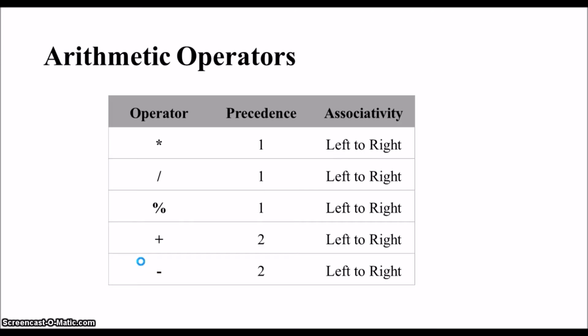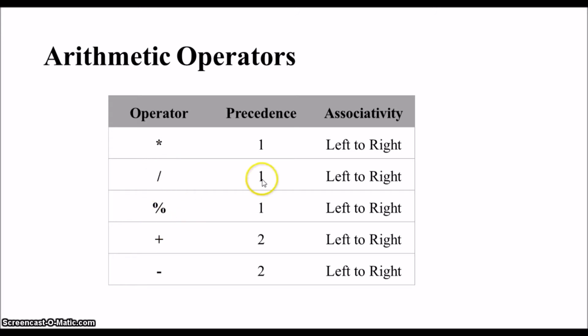Again, in these arithmetic operators, we have something called precedence and associativity. This precedence and associativity is there for all the operators. So what exactly is precedence? Given any complex expression, the order in which the operators are to be evaluated is indicated by precedence.